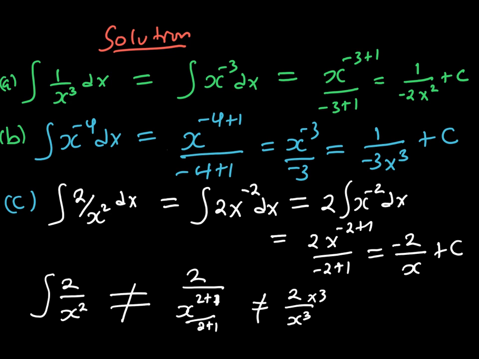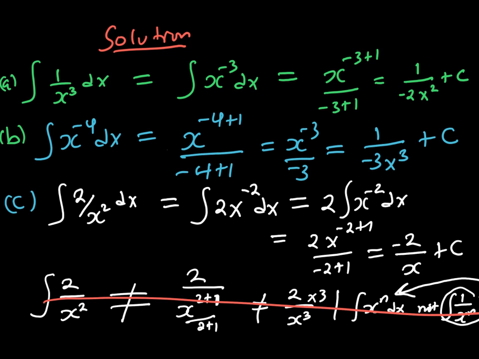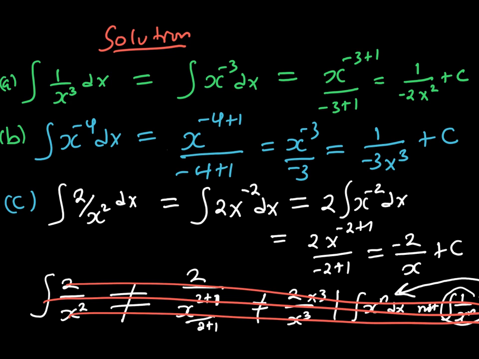Do not make this mistake. Remember, we are integrating x to the power n dx, and not 1 over x to the n. So if they give you this integral, always write it as x to the power n before you integrate. Many will make that mistake and end up failing. This is not true, so I'm crossing it out.